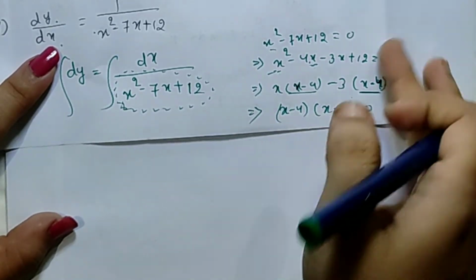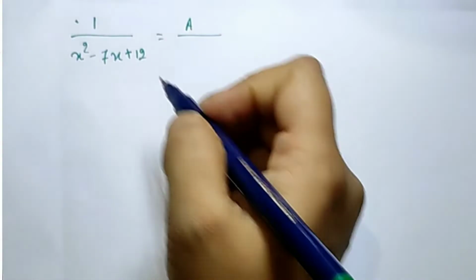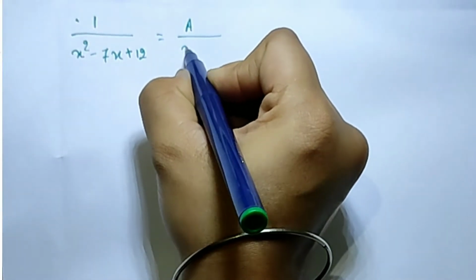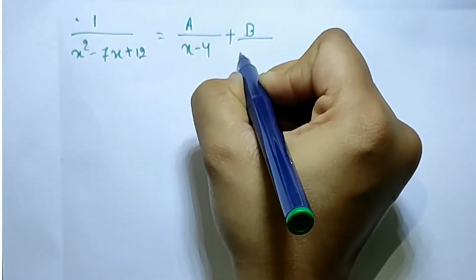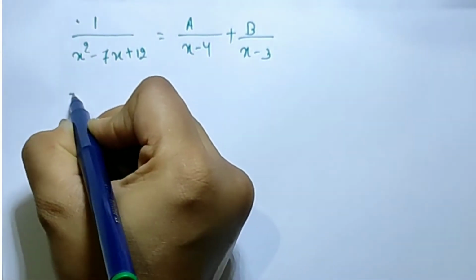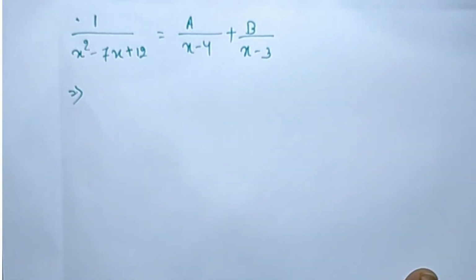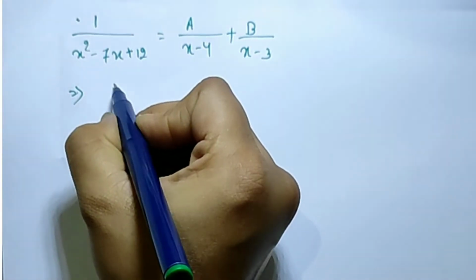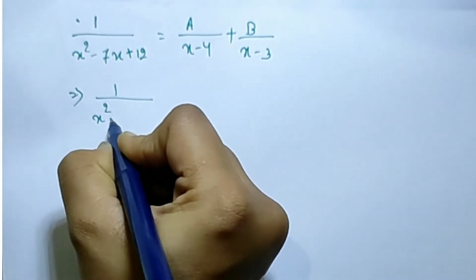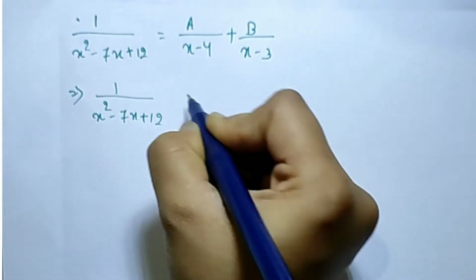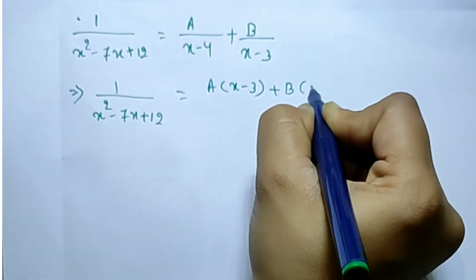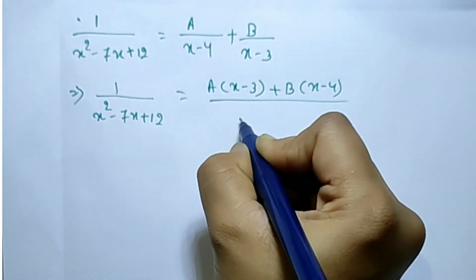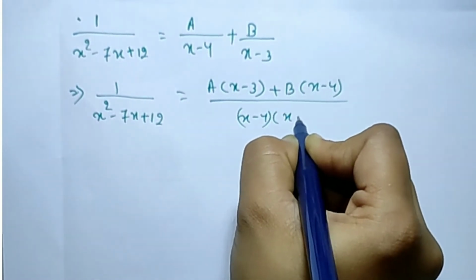These are the factors. So by partial fraction I can write a by x minus 4 plus b by x minus 3. Each of us knows how to do partial fraction. Now 1 by x square minus 7x plus 12 is equal to a into x minus 3 plus b into x minus 4 divided by x minus 4 into x minus 3.